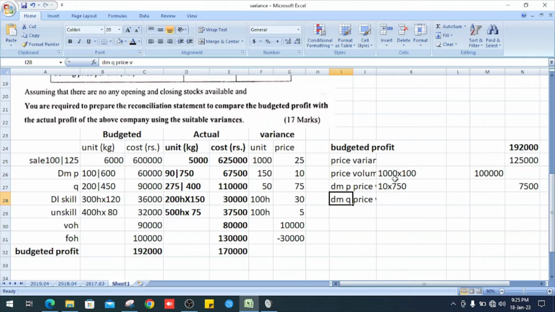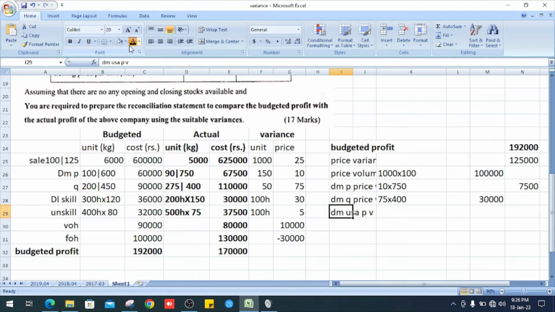Next, the direct material Q price variance is 75 into our actual units 400, which is 30,000.